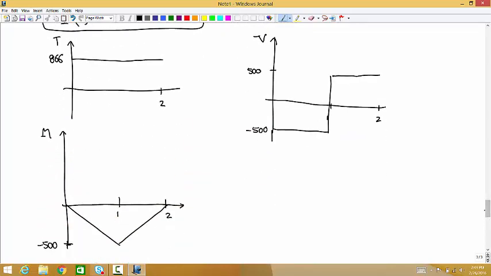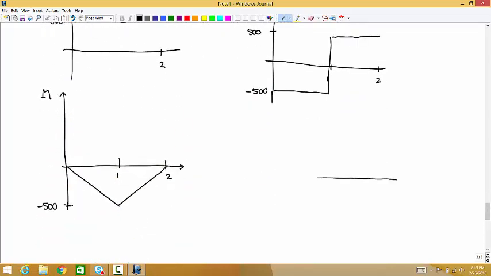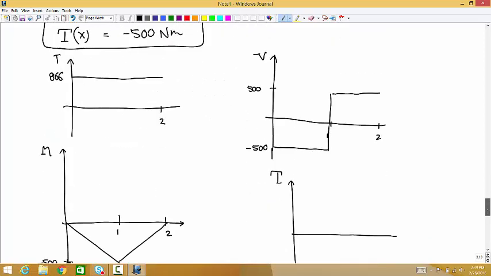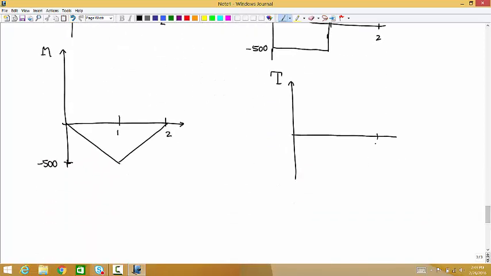And then the last one is the torque. And that stays constant the whole time at negative 500.